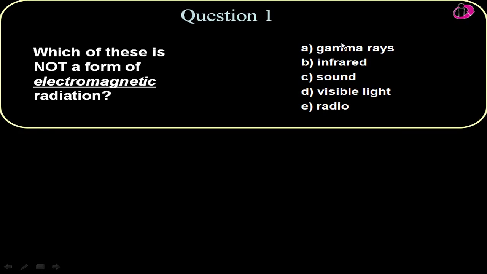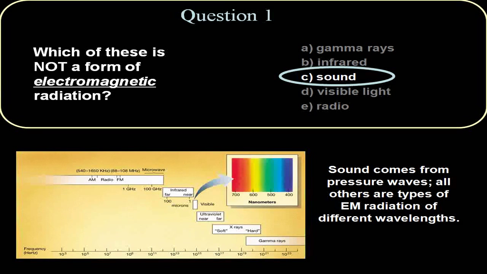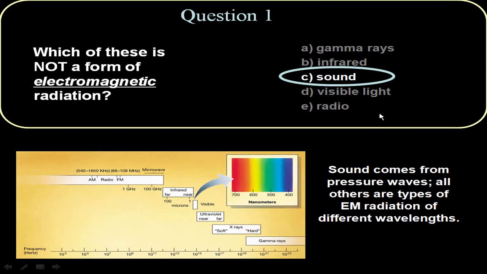Well, all these are electromagnetic radiation except for sound. Sound is a pressure wave within air or a gas, and so you can't hear sound unless you have that pressure wave, and it's much slower, much less energetic in general than electromagnetic radiation.